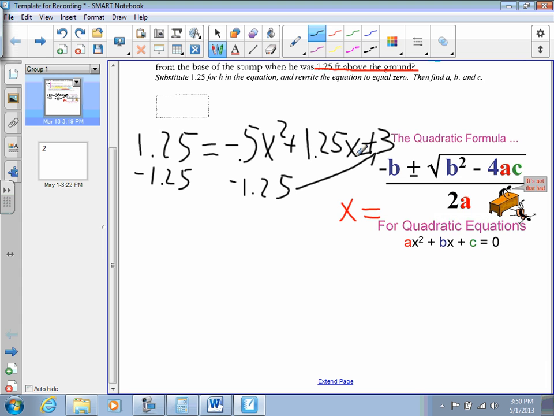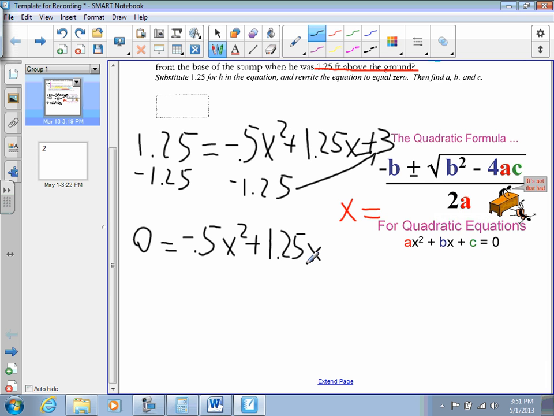I just wrote it where I did because of where the room is. So now we have 0 equals negative 5/10 x squared plus 1 and 25 hundredths x.